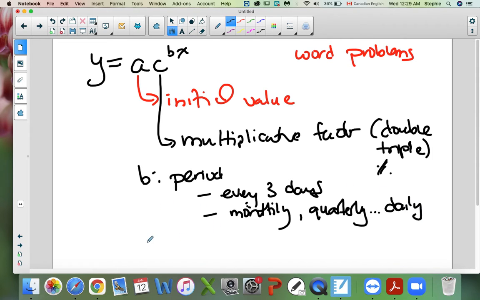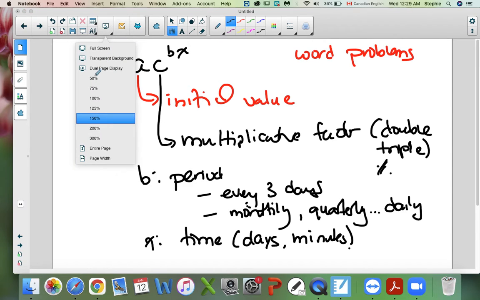Okay, and then your x is going to be your time. It's a unit of time. It could be days, it could be minutes, it could be anything.